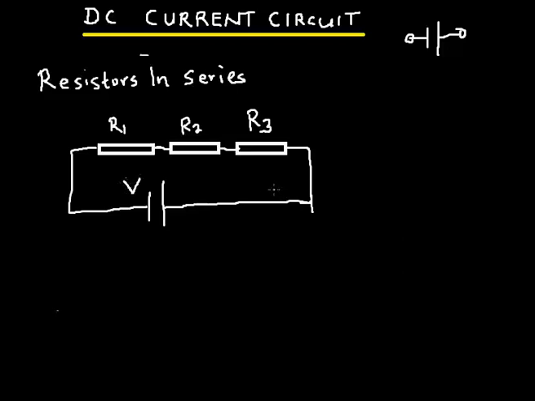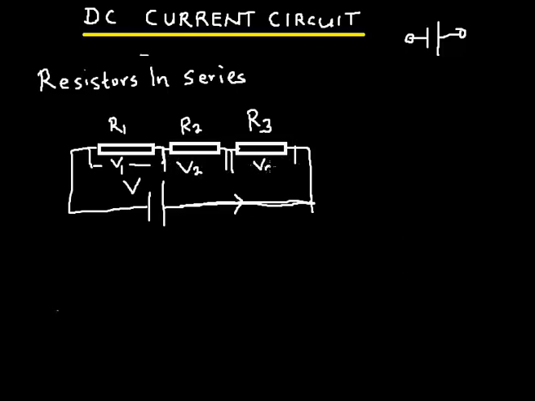This voltage source delivers current to these resistors, and because the resistors are connected in series, the same current flows through them, but the voltage across each resistor varies. The voltage across R1, I call V1. The voltage across R2, I call V2, and the voltage across R3, I call V3.